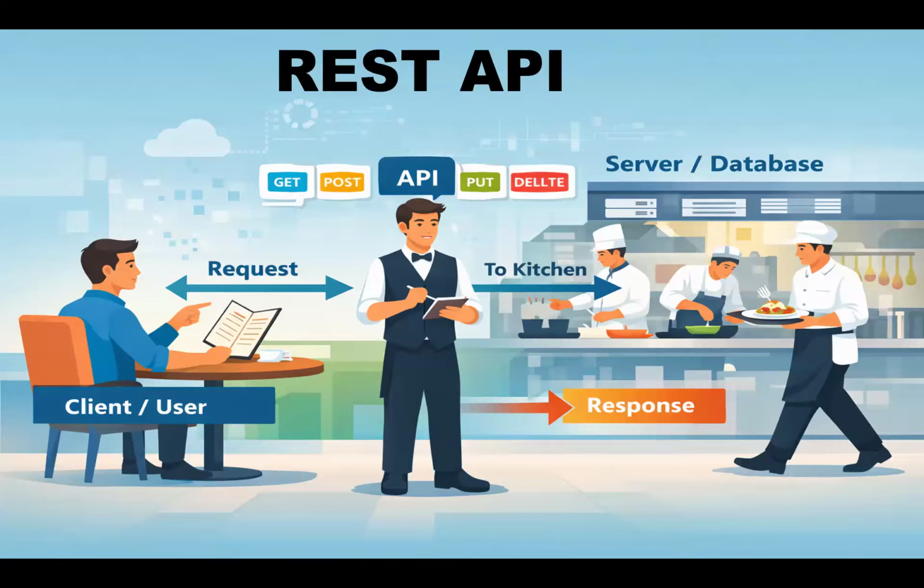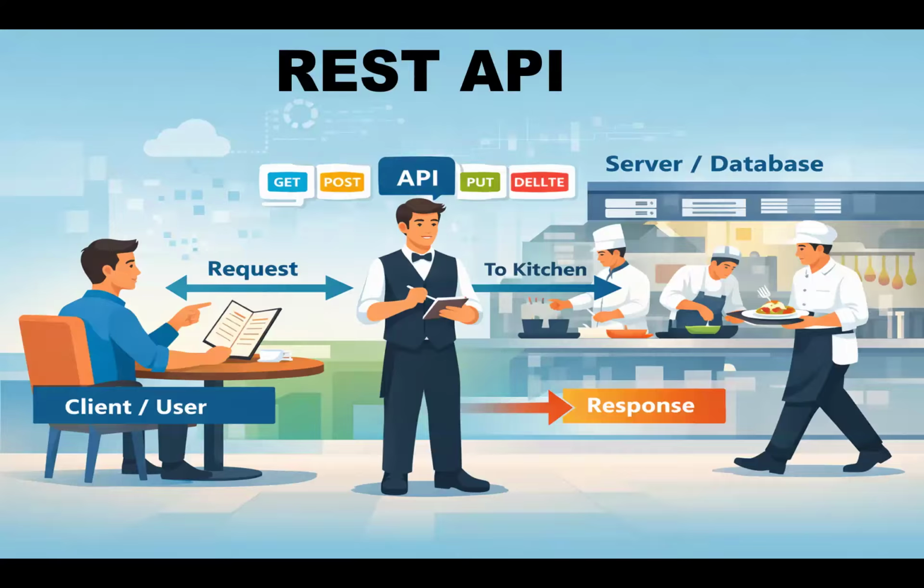So if the client wants to get something from the server, then definitely the client will not go directly to the server. Because if you see in this picture, if everyone goes to the kitchen and gives orders to any chef, the system will definitely collapse.